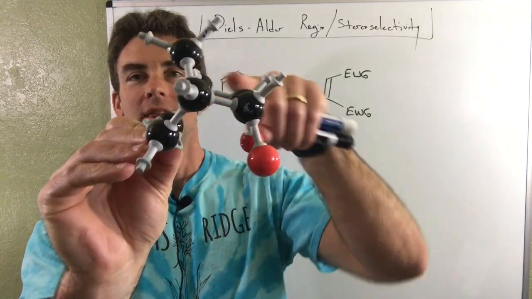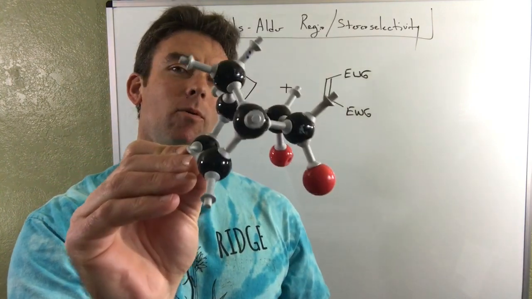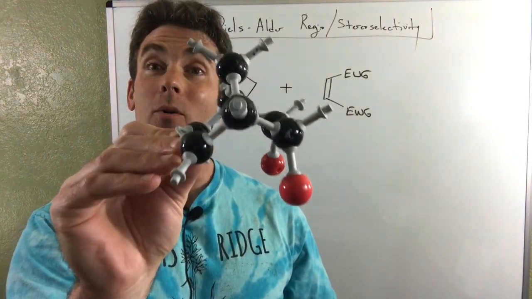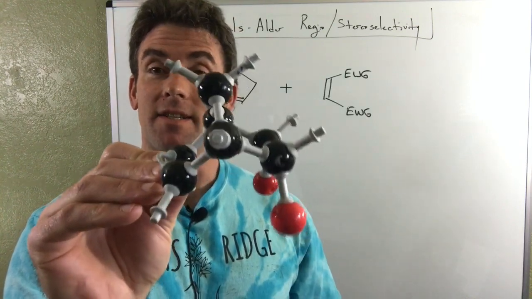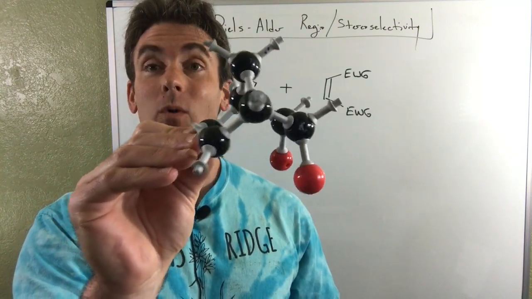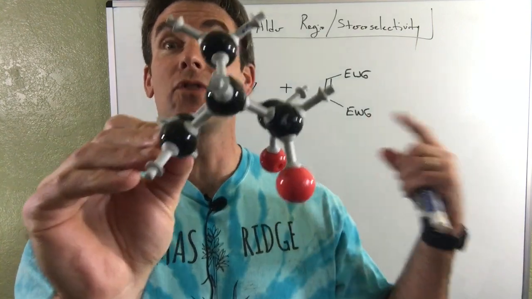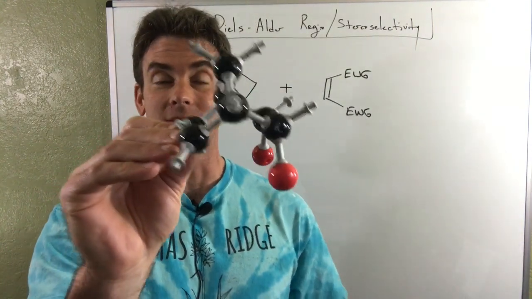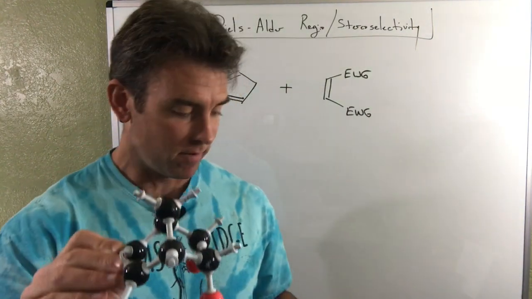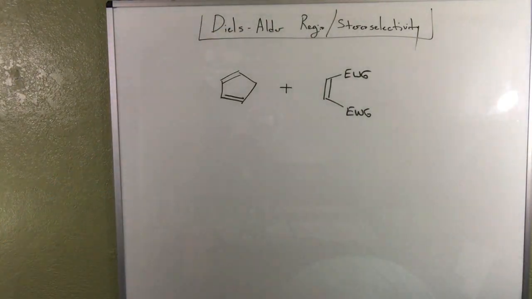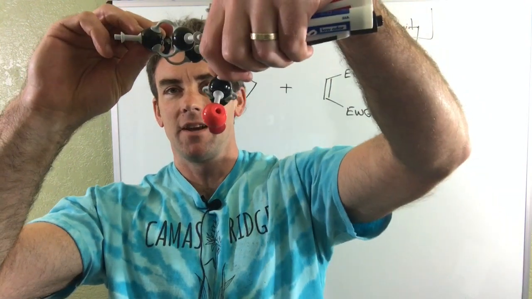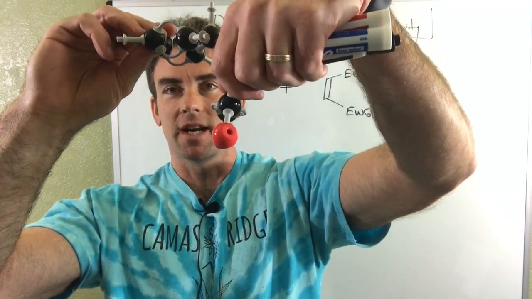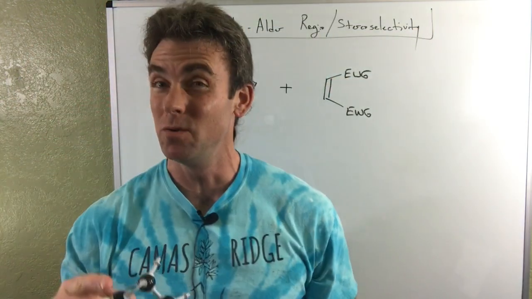That is really important, and that is called the endo product. The stereochemistry of Diels-Alder reactions is said to be stereoselective for endo products. That's what they're talking about: this end-on sandwich results in those groups being projected downward, so you get that U shape.